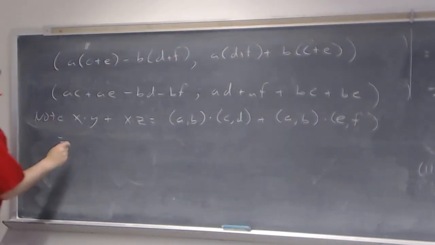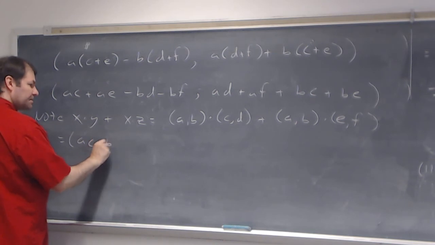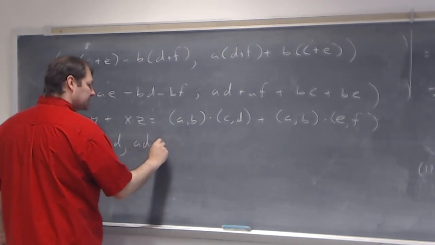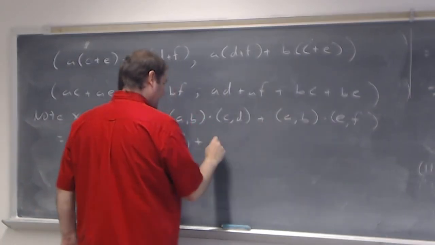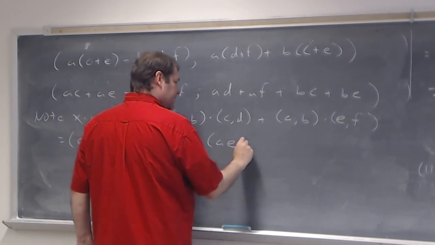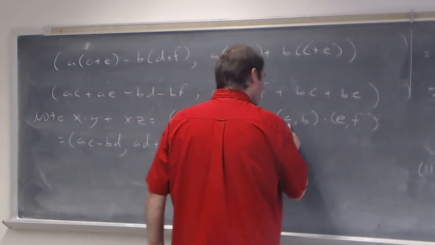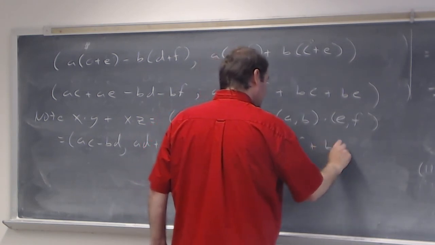If we do that multiplication, this is going to be AC minus BD, comma, and it's going to be AD plus BC, plus, here this multiplication is going to yield AE minus BF, and then here we're going to have AF plus BE.